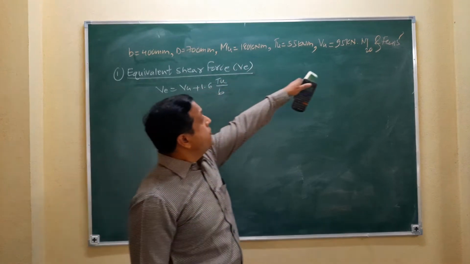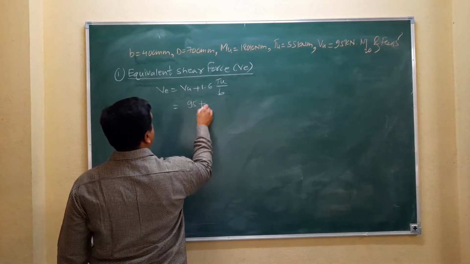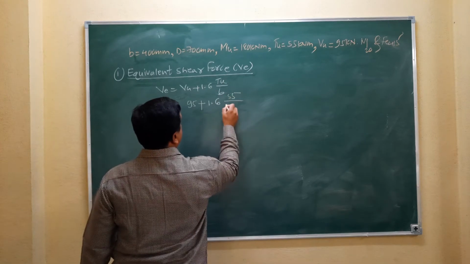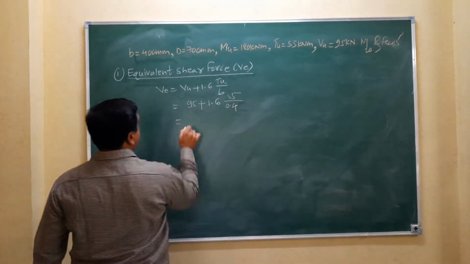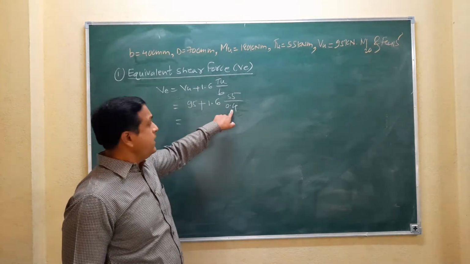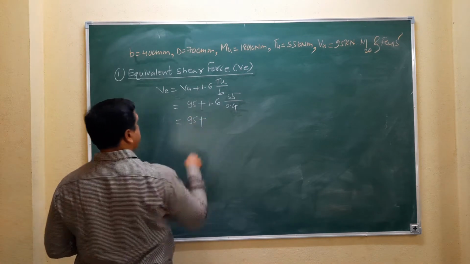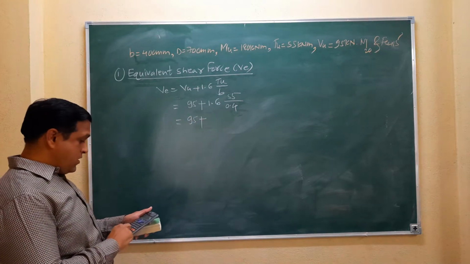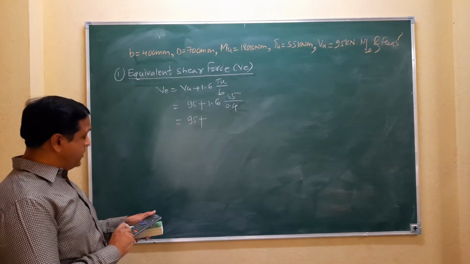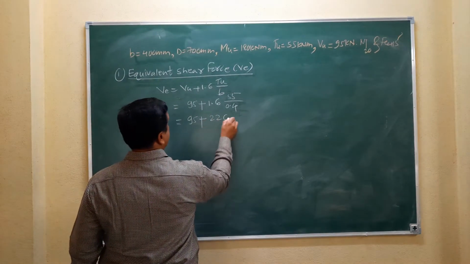We know the value of Vu is 95, 1.6, Tu is 55 divided by 0.4. Remember that you have to put the width in meter, and find out the value. It is 95 plus 55 divided by 0.4 into 1.6, this is 220.